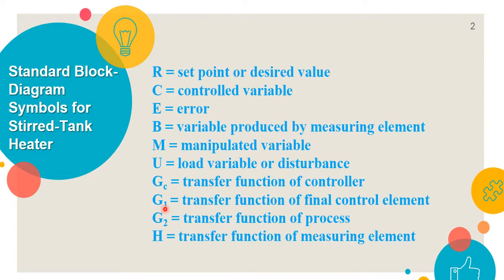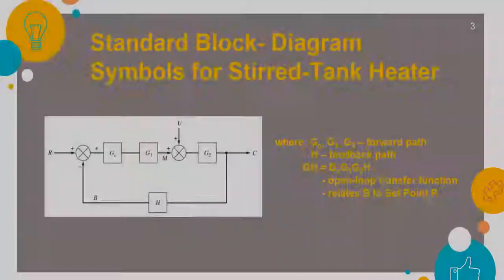The G sub 1 is for the final control element, and the G sub 2 is for your process itself. Now, the only transfer function here which is not represented as G is the transfer function of the measuring element. So these are the letters, the symbols that you will be seeing later on in your block diagram.